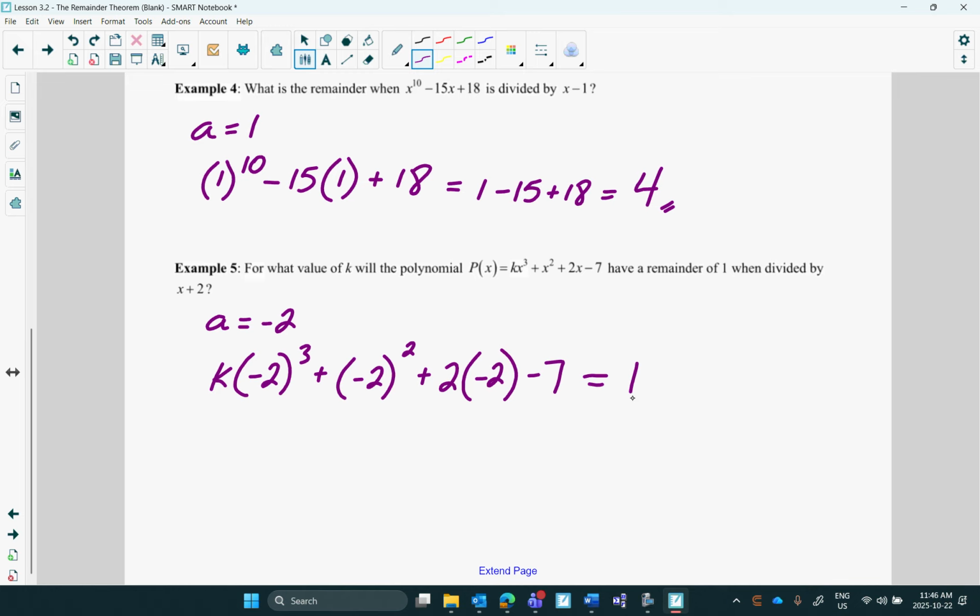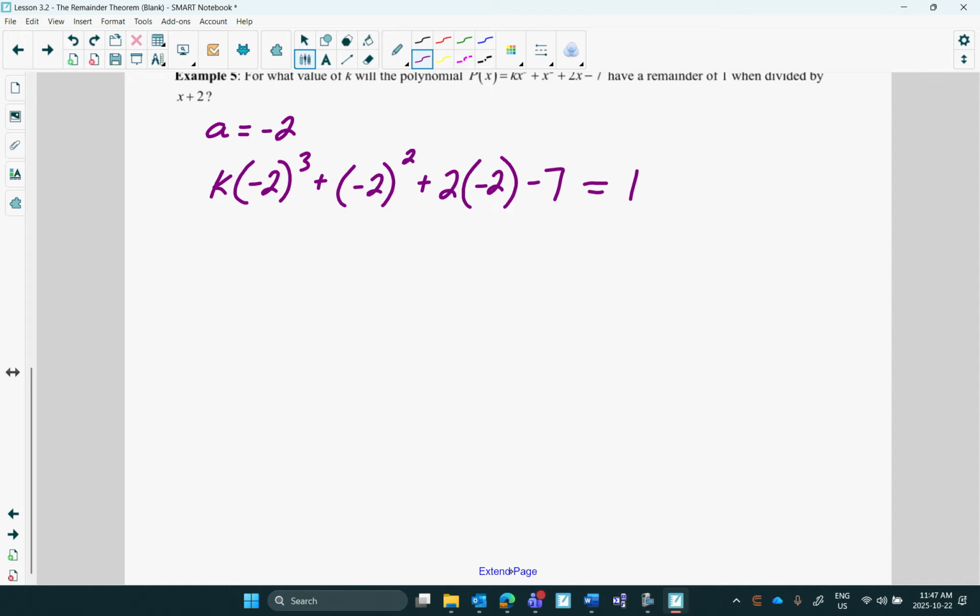What did we just create? An equation that we can solve for k. I know, it's crazy. Negative 2 cubed is negative 8 times k is negative 8k. Plus 4 minus 4.